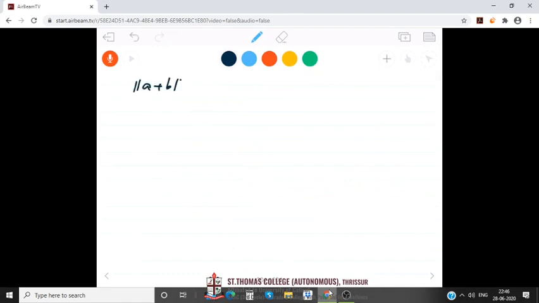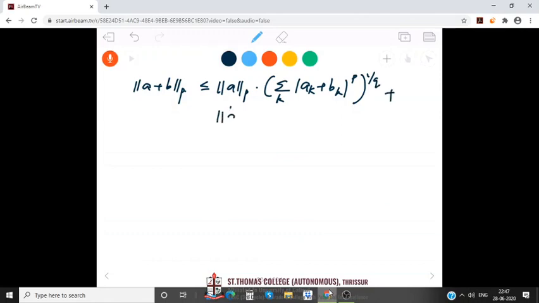norm p of a plus b is less than or equal to norm p of a into summation over k |ak plus bk| to the power p, the whole power 1 by q, plus norm p of b into summation over k |ak plus bk| to the power p, the whole power 1 by q.